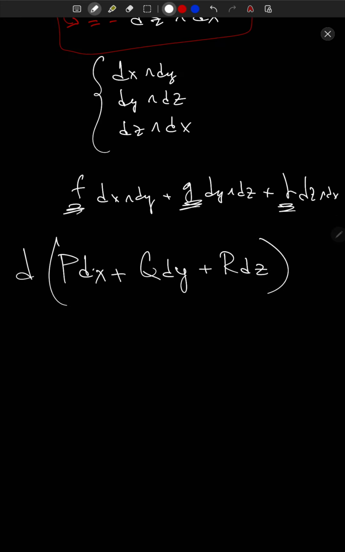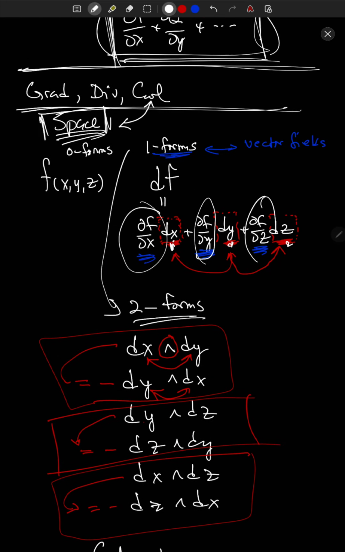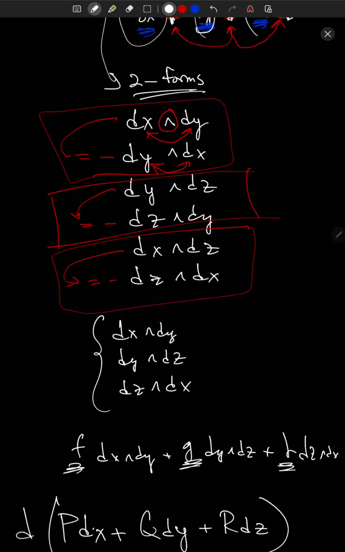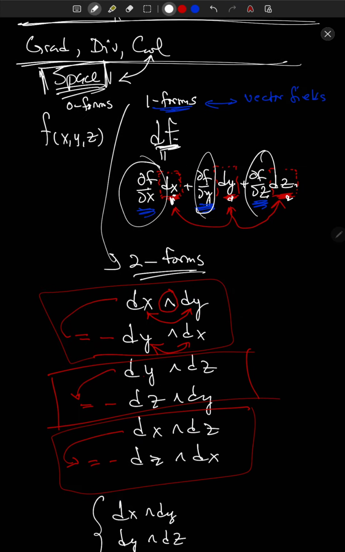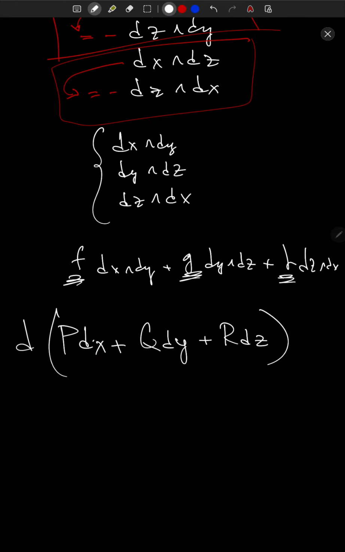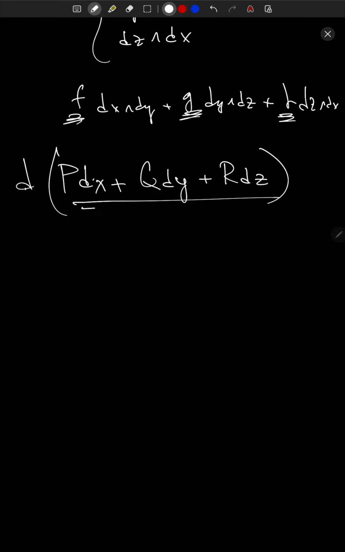What we did up here when we talked about d of a function is we took the derivative with respect to x, then dx, the derivative with respect to y, dy, the derivative with respect to z, dz. So d of a zero form gives you a one form. d of a one form gives you a two form.